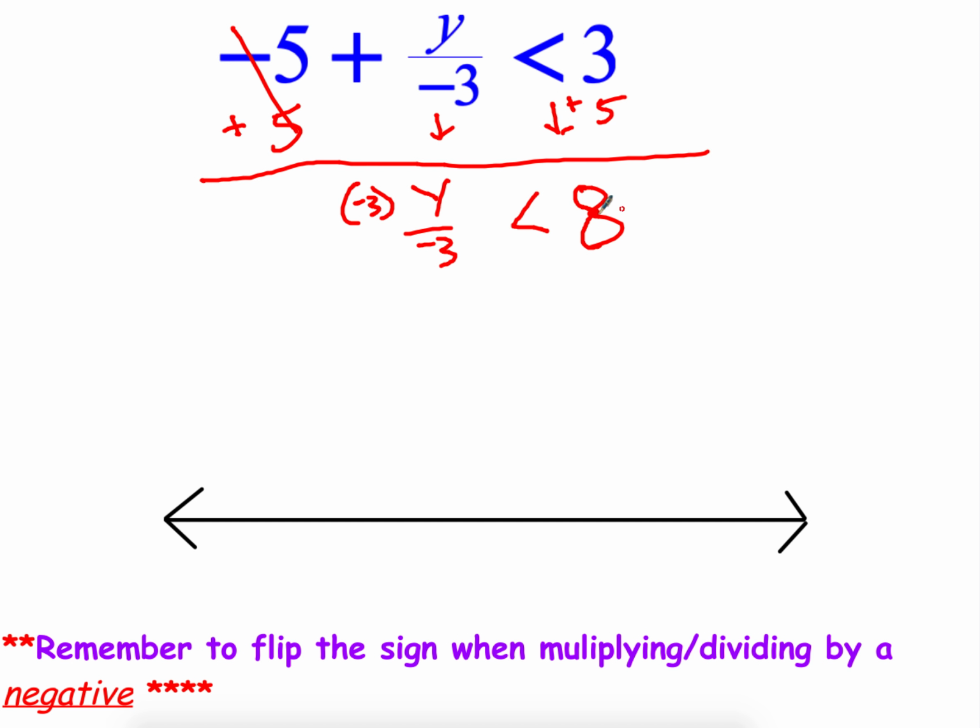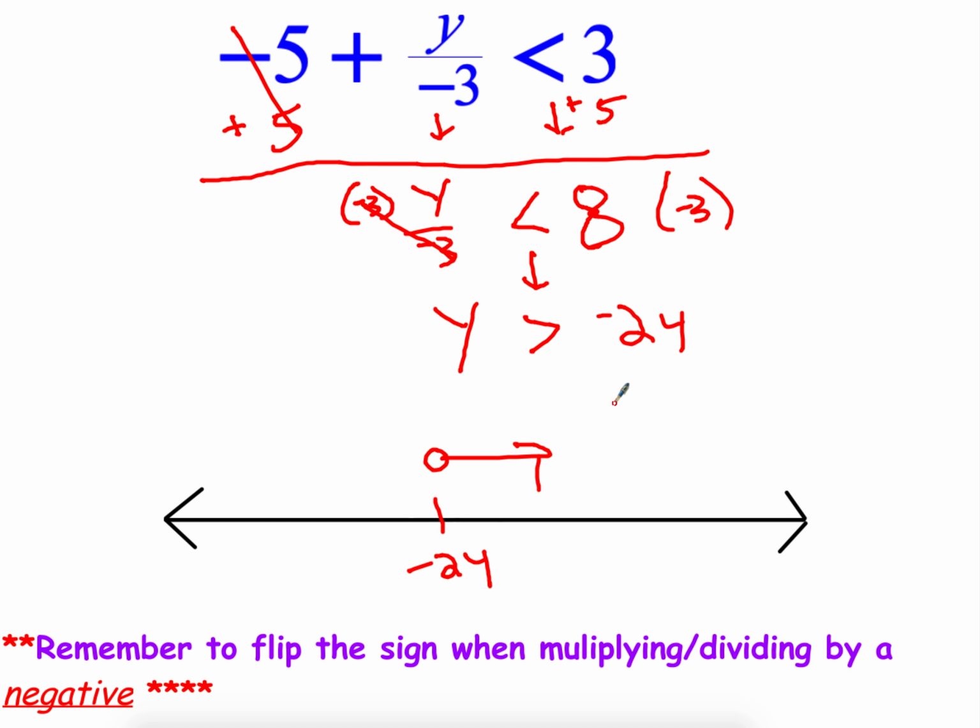Multiplication cancels out division, and whatever I do on one side, I have to do on the other side. So negative 3 divided by negative 3 cancels out, and I get y. And I'm going to do something special with my sign here, because I multiplied both sides by a negative, so I'm going to flip my sign to get y is greater than negative 4. Okay, because y is greater than, it should be an open circle going to the right.